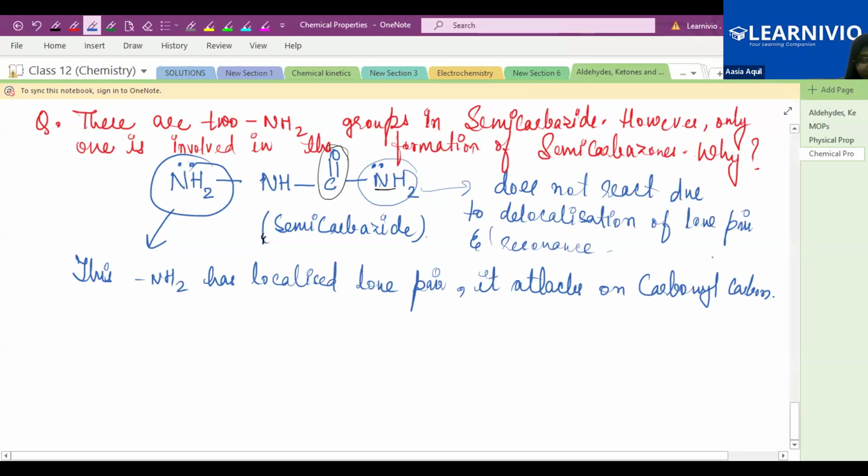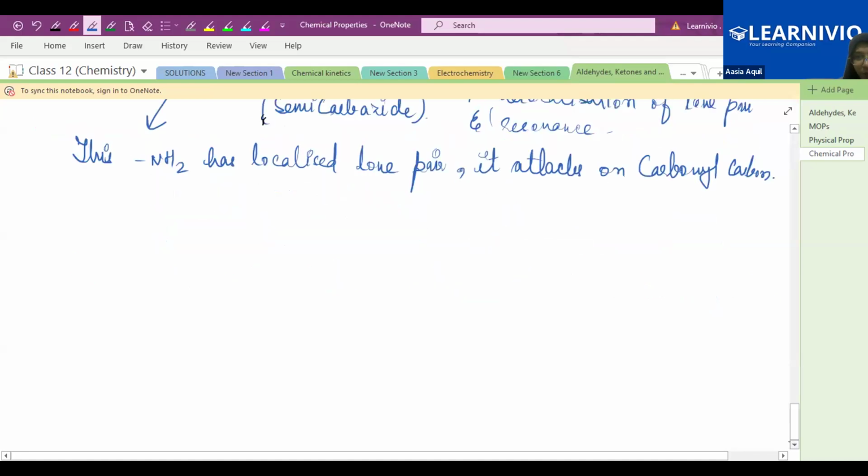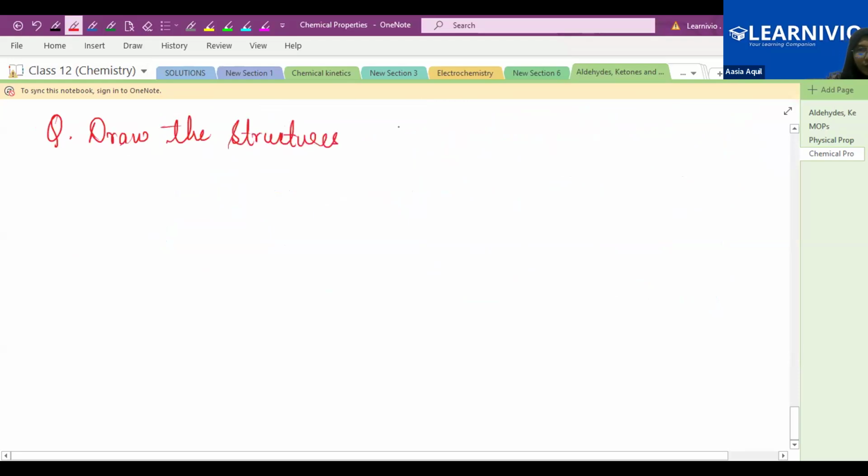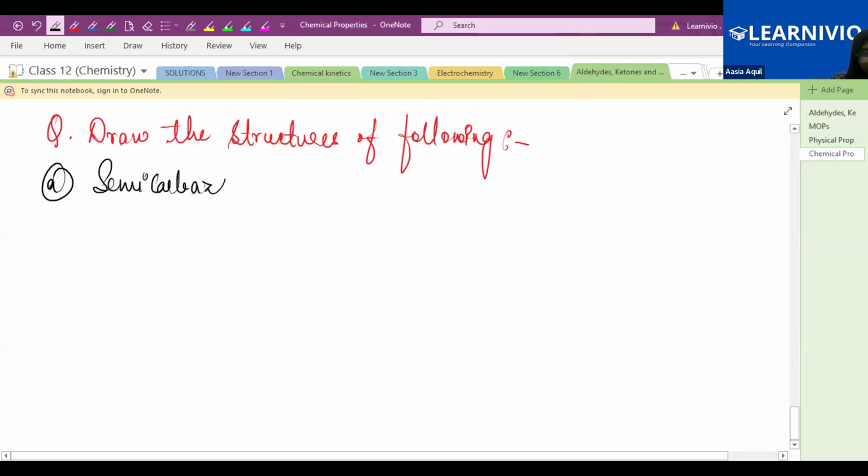Now, okay, let's do two more questions. The question is, you have to draw the structures of the following. First one is the semicarbazone of acetone.